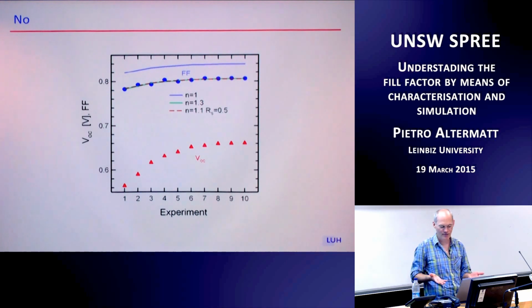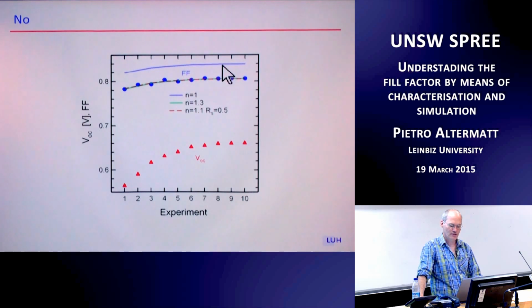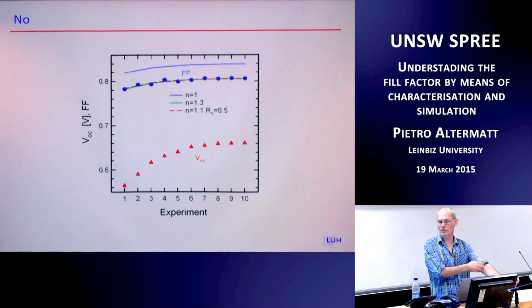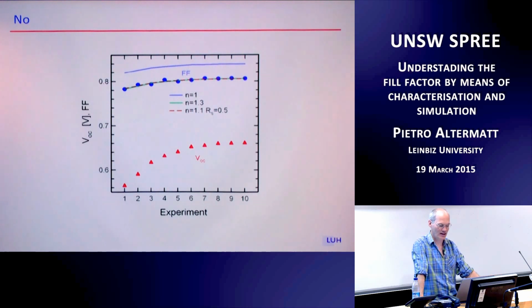You can set the ideality factor to 1, then you get the topmost curve. You can lower it by the ideality factor or by RS. You see, it's quite the same whether you have a series resistance or a different ideality factor. Because that line, Martin's equation, fits the data, it means the fill factor drops only because VOC drops. You don't have a fill factor problem as such.